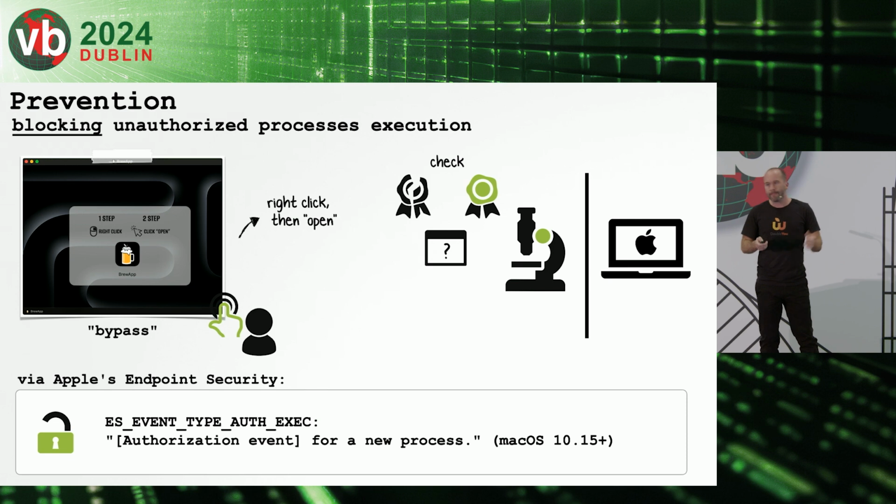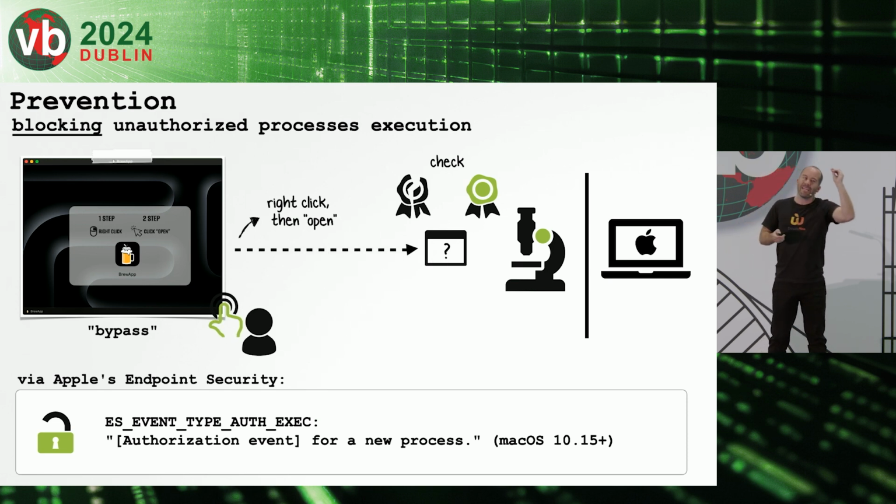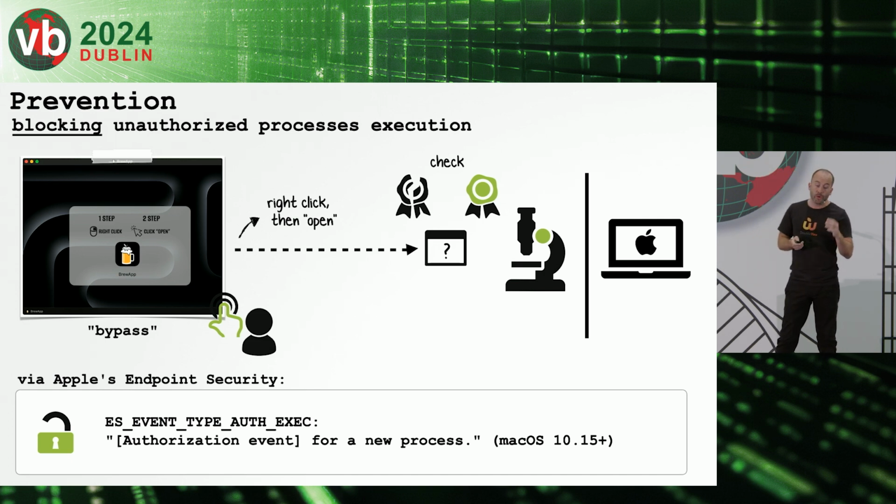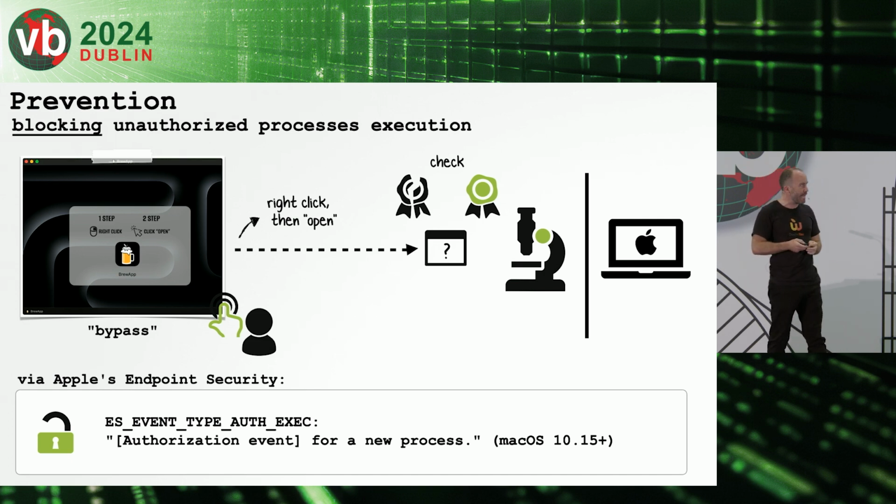So that's good. The problem is, though, that's only a notification event, so the damage is probably already done. The stealers quickly ran, grabbed all the things, exfiltrated it, game over. So I want to focus more on blocking unauthorized activity, which you can do with the auth-exec event.